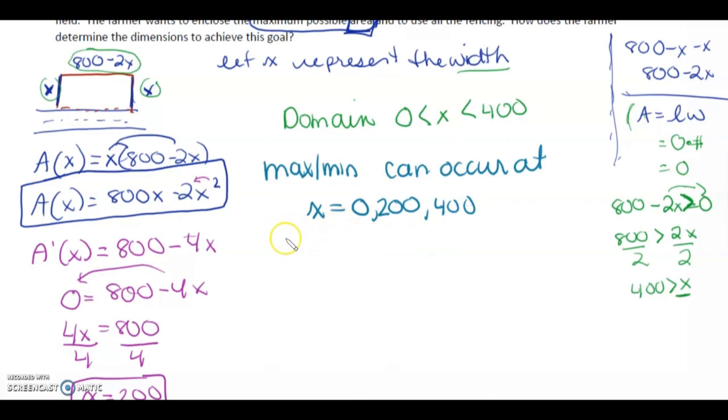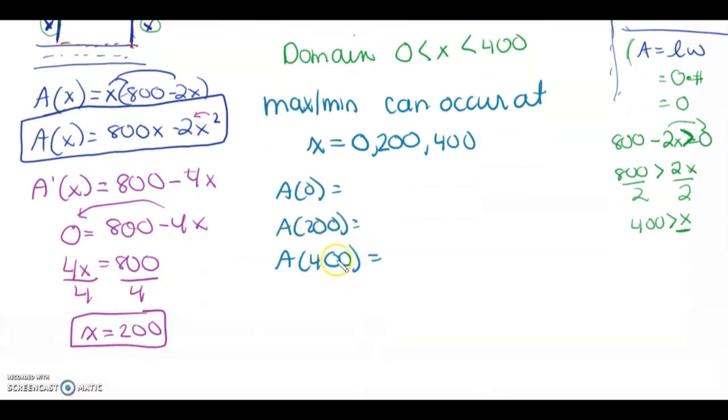So those three are going to be the ones that we test. We're going to test A at 0, we're going to test A at 200, and we're going to test A at 400. And we're going to see what those equal.